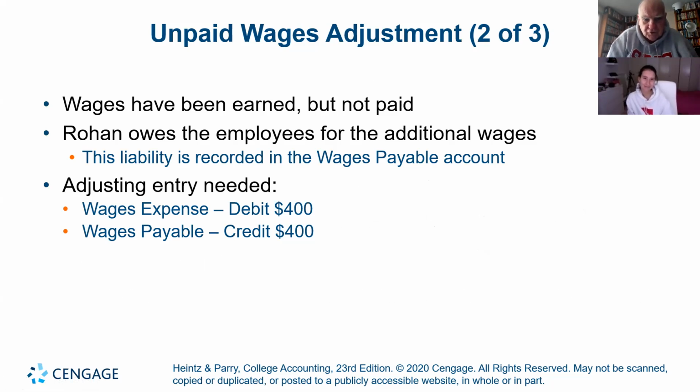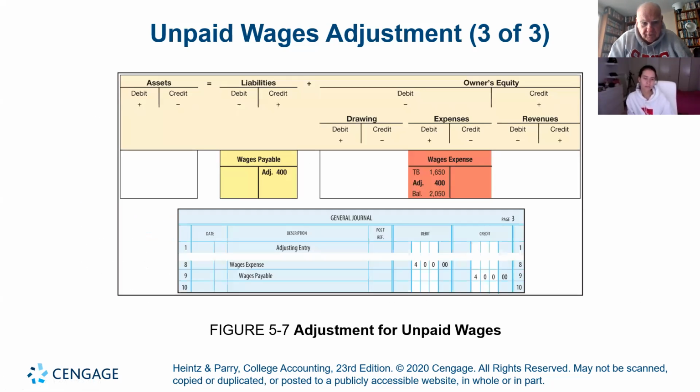Okay, so what is our journal entry? Well, that's $400 worth of expense. We can call it wages expense or salaries expense, and we're going to credit accrued wages payable. It really should have the word accrued in front of it, but that's okay. Debit wage expense. So let's see what happened. Remember, they had already recorded the payroll through the 27th. That was already there.